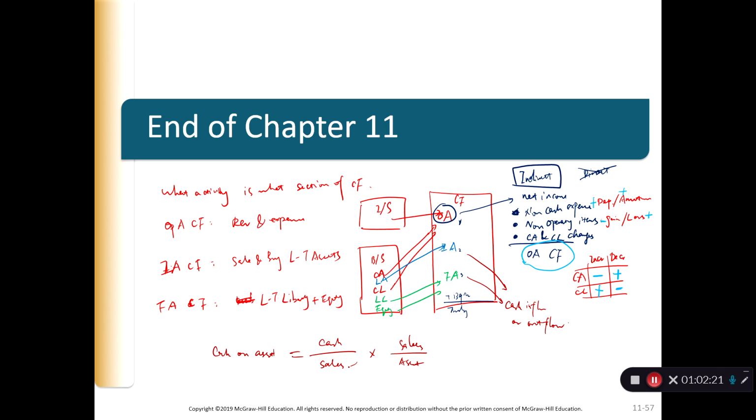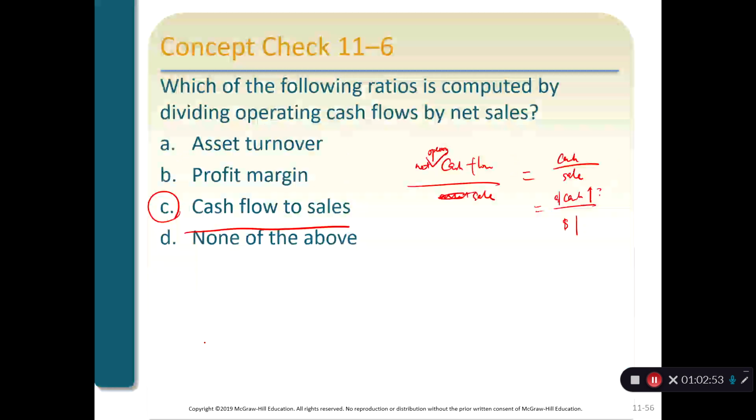So basically, this is the asset turnover ratio multiplied by the cash return on sales, and that equals the cash return on assets. Those ratios, right? So we can understand some sort of cash analysis. Cash flow to sales.